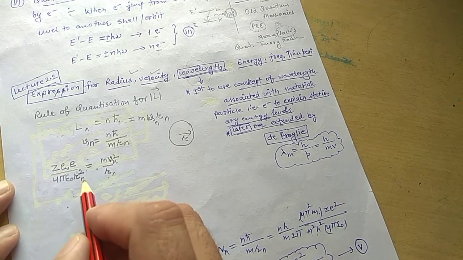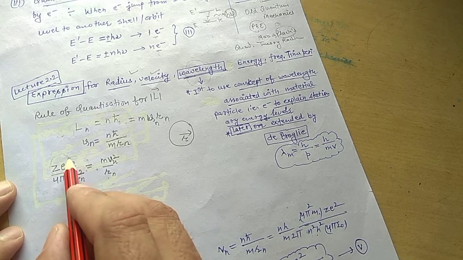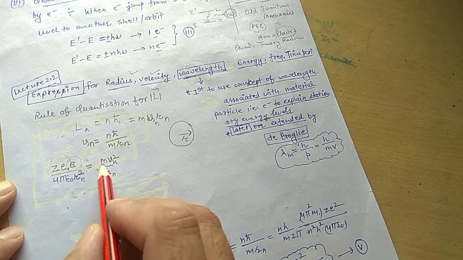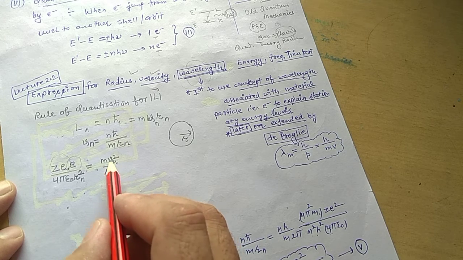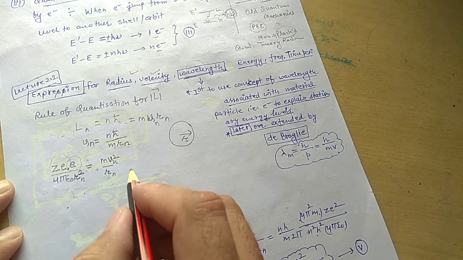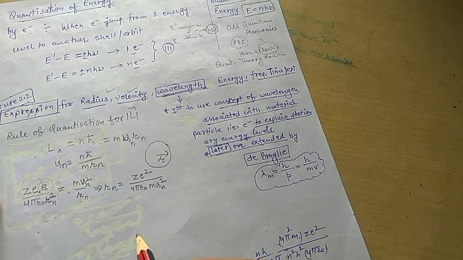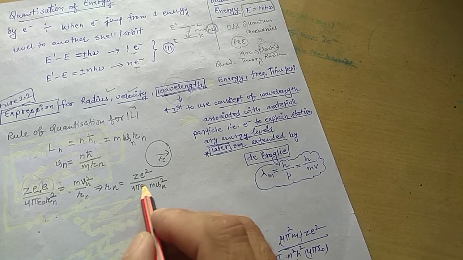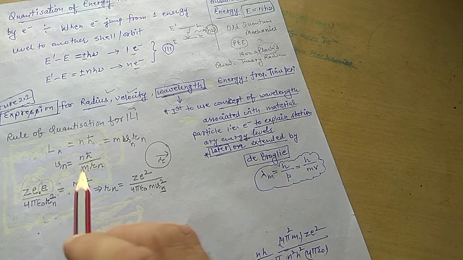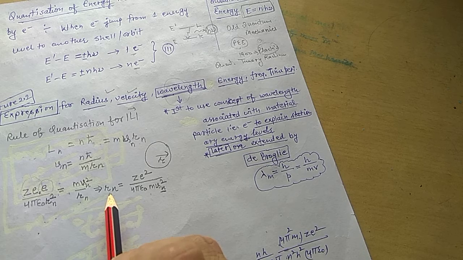Here you see this is the Coulombic attraction, the charge on the nucleus and the charge of the electron divided by Rn square, equal to m v square by r. If you solve it, then you will get Rn. The relation for the radius will look like this. Now here we have the velocity. If you put the velocity from here, then you will get the relation for Rn.